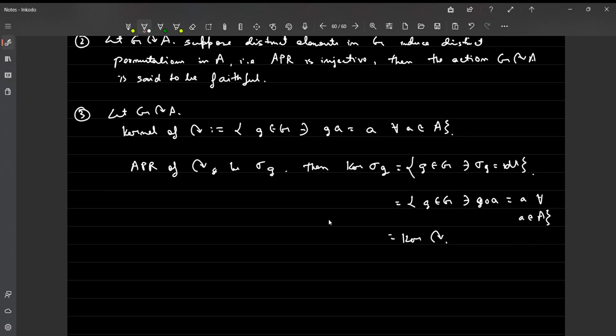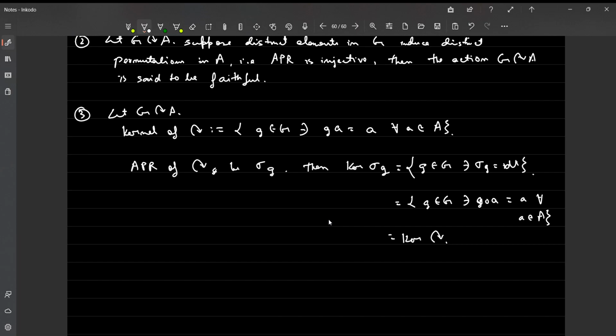One more thing to notice from here is that we said any action is faithful if the associated permutation representation is injective. So we can also say that if the kernel of the action comes out to be the identity, then the action is faithful.